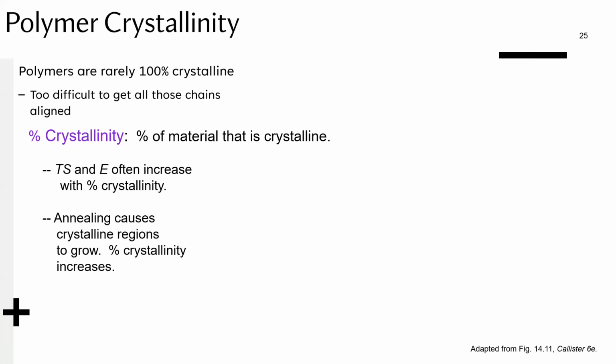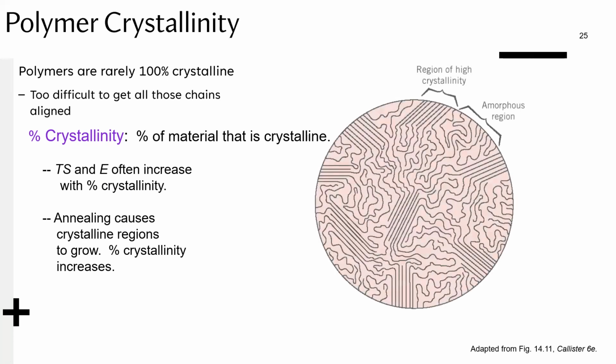Another way that you can increase percent crystallinity, apart from the synthesis process, is by doing annealing. So other than controlling your synthesis environment, you can do secondary processing on your polymer, including thermal annealing, to obtain a higher degree or percent crystallinity.